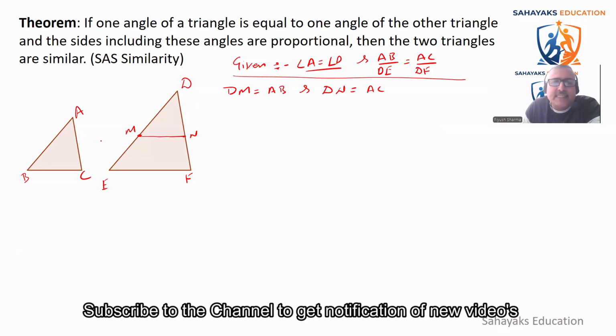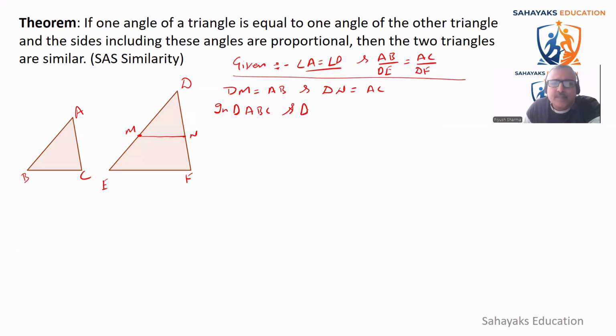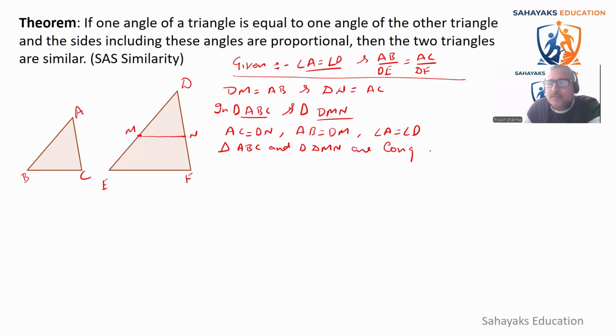So in triangle ABC and triangle DMN, we know AC is equal to DN and AB equals to DM and angle A is equal to angle D. So triangle ABC and triangle DMN are congruent by SAS congruency.